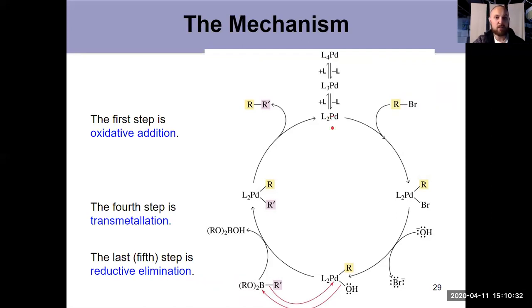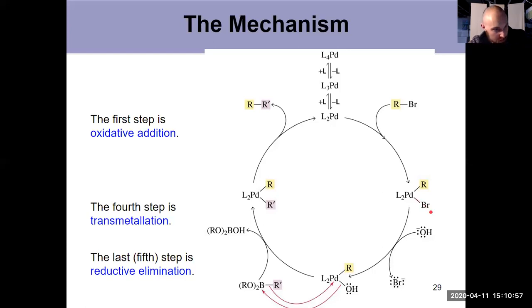So it has to be generated in situ, right in the test tube, by 2 successive ligand dissociation reactions. We start with 4, we drop 2 of them, got our active catalyst, and then we're in business. Okay. Then the first step in both of them: palladium gets inserted in this bond. Okay, so notice we went from R to Br to now R, palladium, Br.